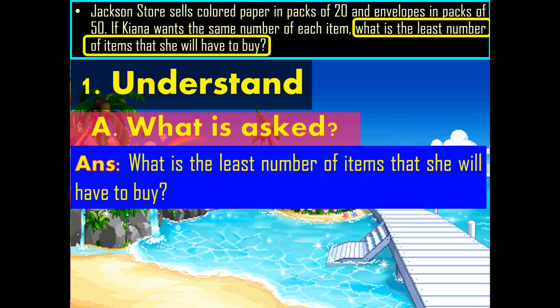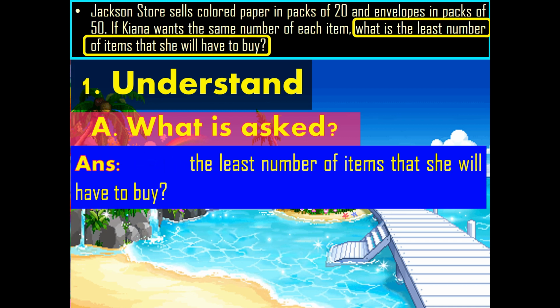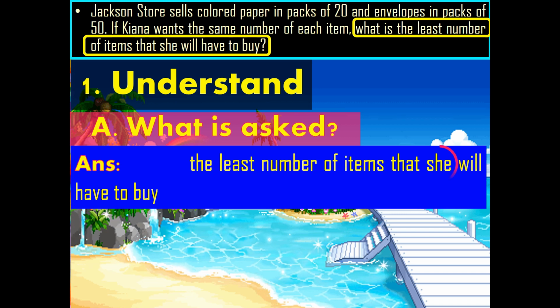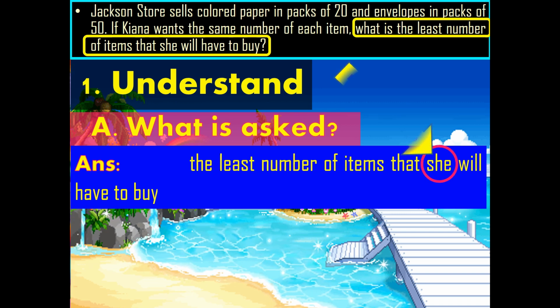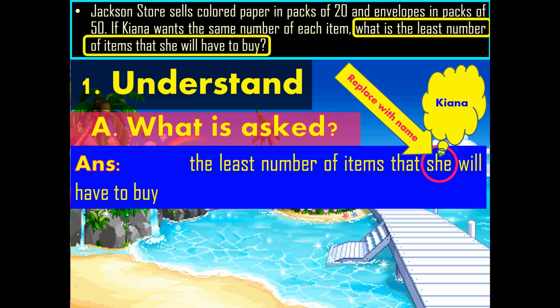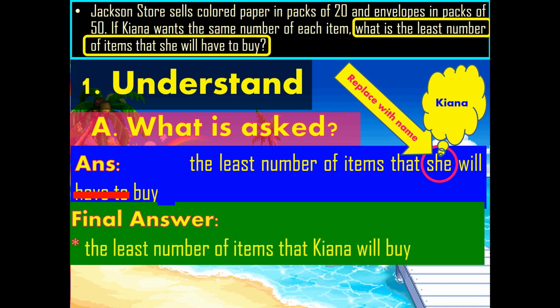We will remove the word what and the verb is and the question mark at the last part. We can also replace the pronoun she with its antecedent or the noun Kiana to make it clearer. Thus, we have the least number of items Kiana will buy. That is the one being asked in the problem.